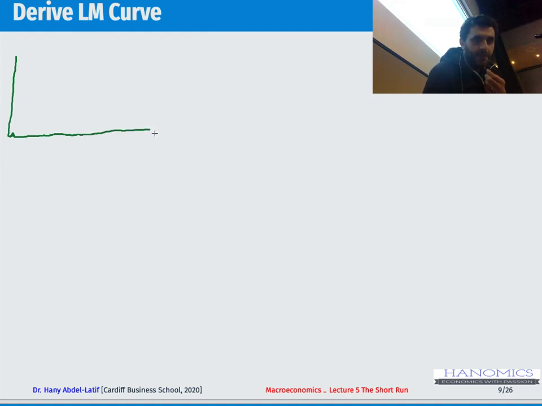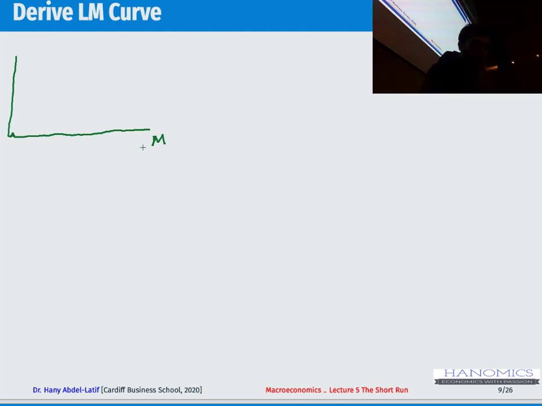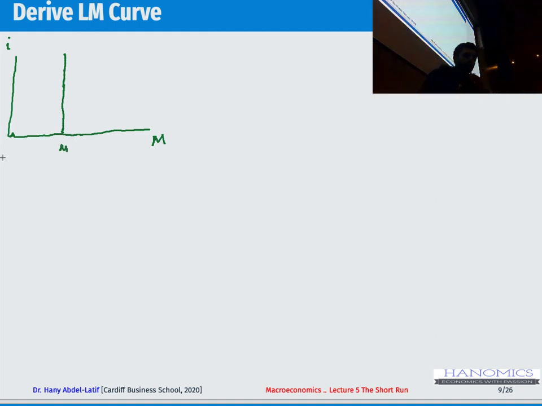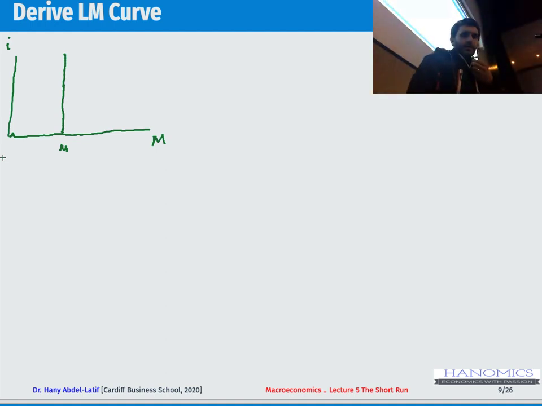So we have here money, and on the vertical axis, we have the interest rate. So the equilibrium in this market, again, is the result of the interaction between money supply, which we treat as constant. So let's say this is the level of money stock at this point. This is what is given to us by the central bank.